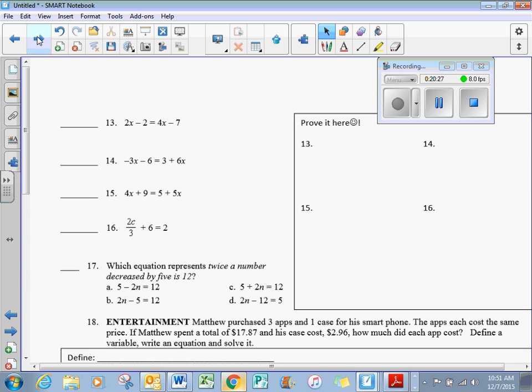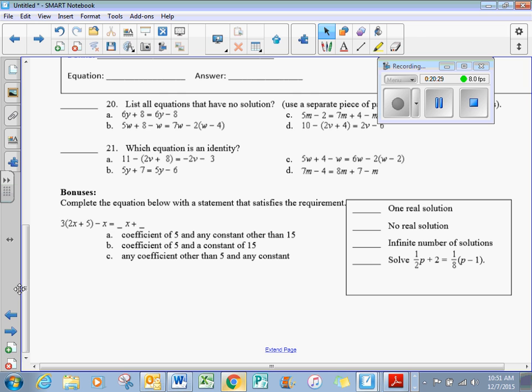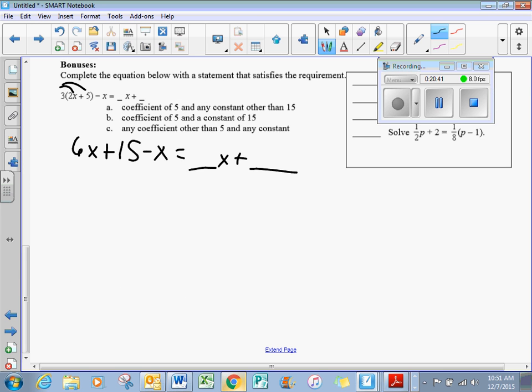Okay, and the bonus. The bonus was kind of fun because if you just simply distribute this and get 6x plus 15 minus x equals blank x plus blank, okay? And then I go, well, 6x minus x is 5x.